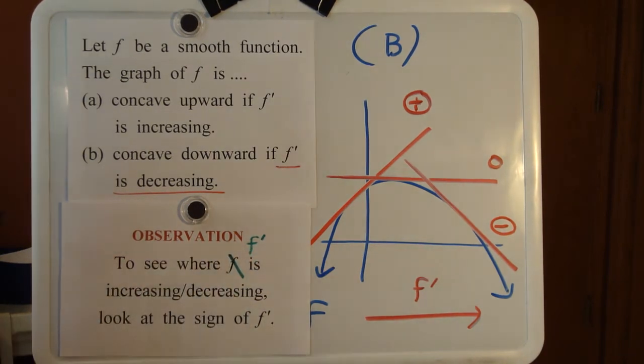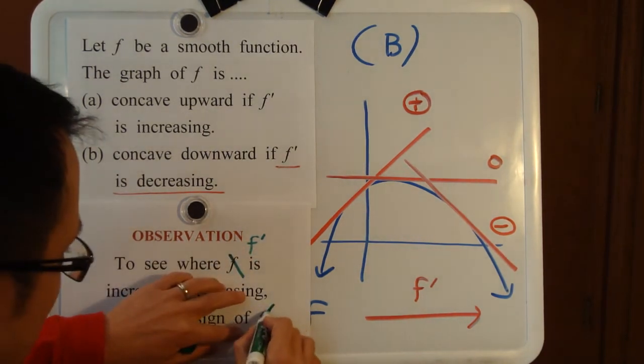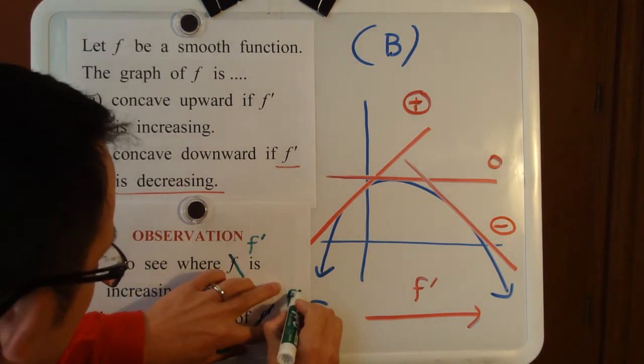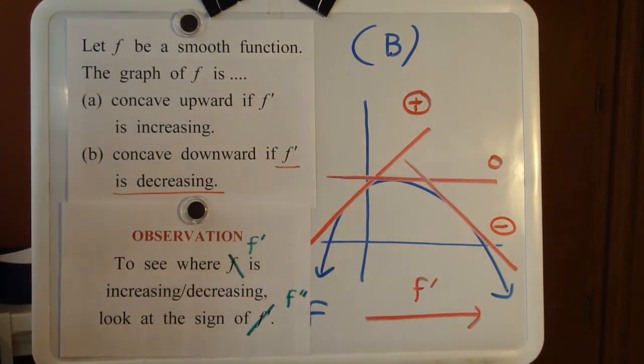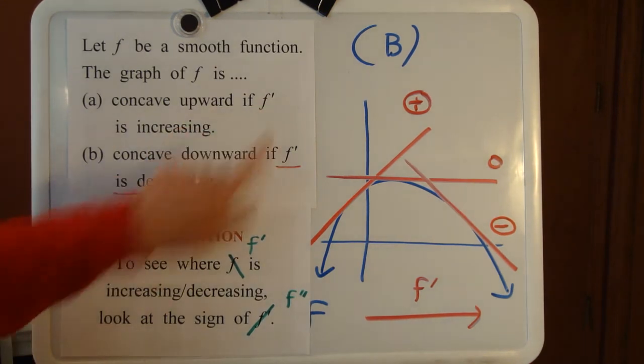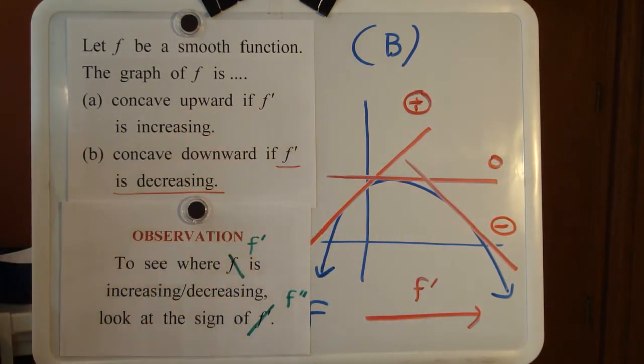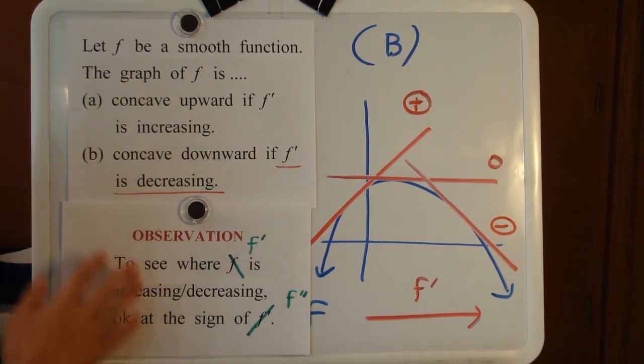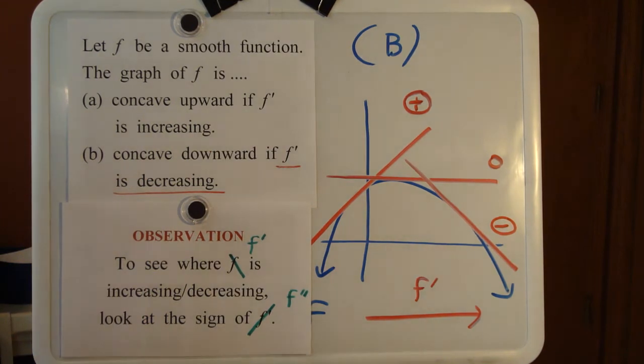So the derivative of f prime, so instead of looking at f prime, we would look at f double prime. We're using the old information, but instead of seeing where f is rising or falling, it's really f prime that's important. Connecting the definition of concavity to the old stuff leads directly to a quick way where you could figure out where a graph is concave upward or downward.